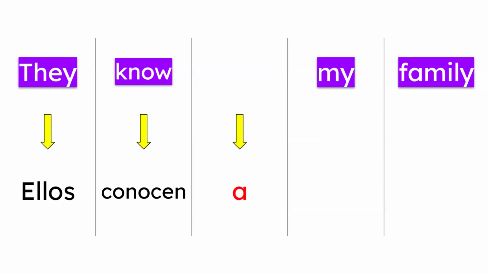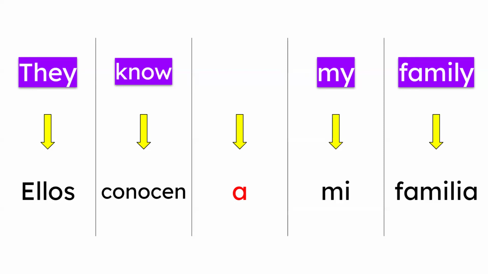Ellos conocen a mi familia. We can switch this family for any other word that refers to a person, and automatically you will need to use a. Ellos conocen a mi hermano, ellos conocen a mi mamá, etc. If you were to say they know my city, that is not a person, right? Then you'd say ellos conocen mi ciudad.